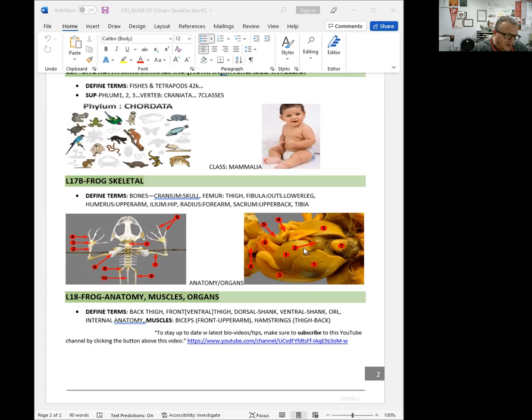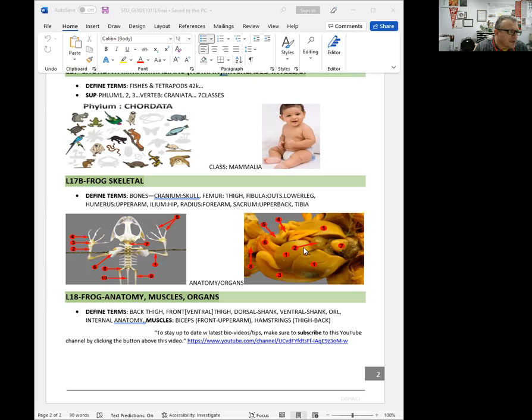And of course the mouth, the teeth, different types of teeth, and tongue. Make sure that you study these and can label the major organs and parts of the frog.